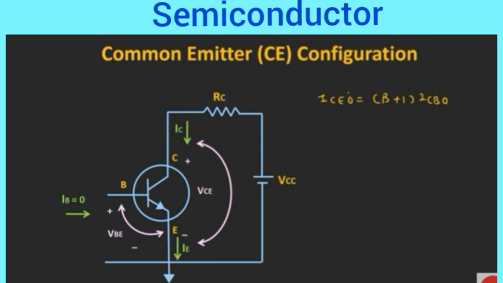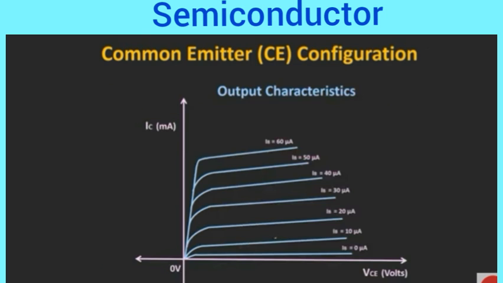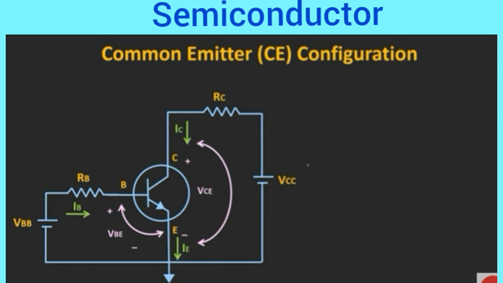That means in the common emitter configuration, this leakage current gets amplified by this factor. So let's say for one transistor beta is equal to 99, and the value of ICBO is equal to 1 microampere. In that case this current ICEO will be equal to 100 microampere, and that is why in the cutoff region there is large leakage current.